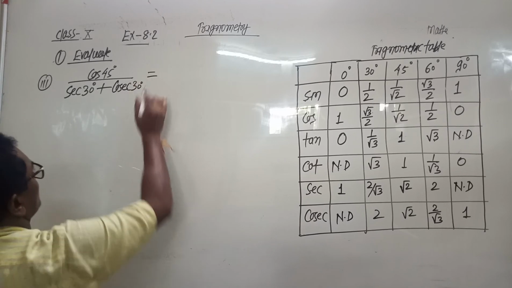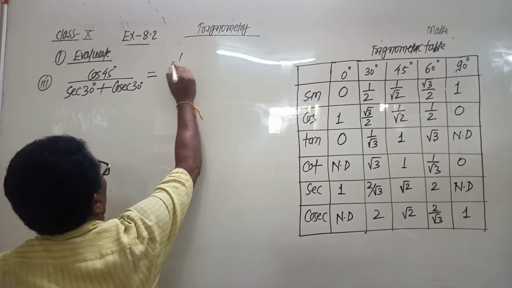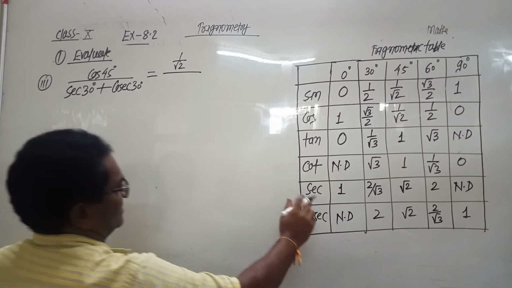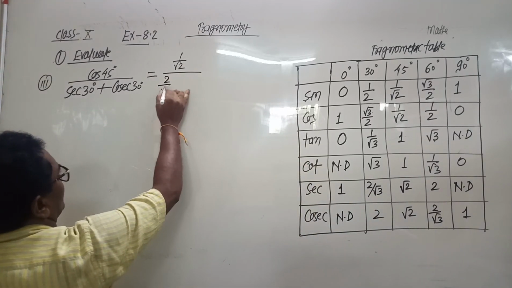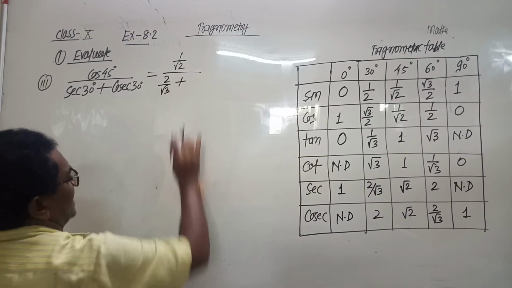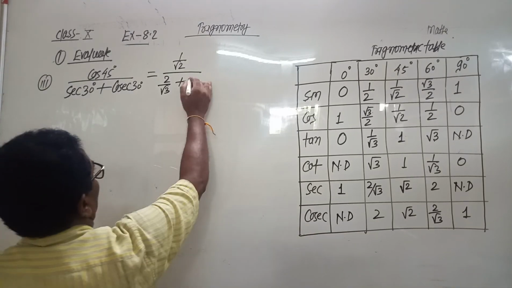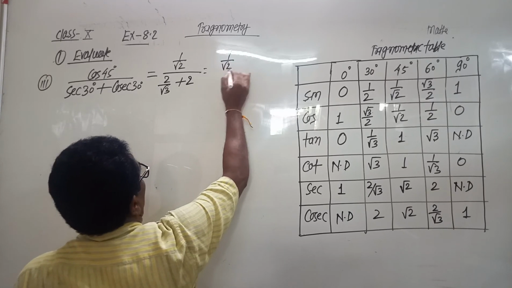So we write the value of cos 45 degree is 1 by root 2, upon sec 30 degree. The value of sec 30 degree is 2 by root 3, plus the value of cosec 30 degree is 2. So 1 by root 2.